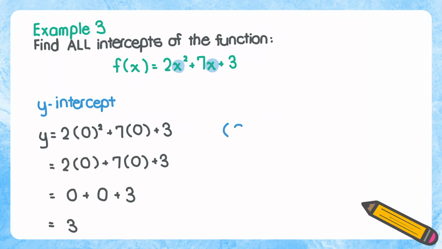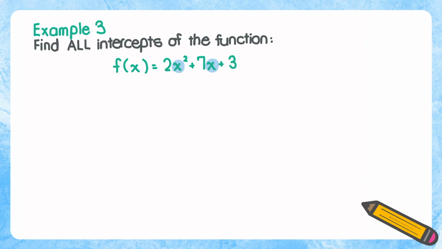So our y-intercept is at 0, 3, because when x equals 0, y equals 3. And now that we found the y-intercept, let's find the x-intercepts. So we're going to set y equal to 0 and solve for x.